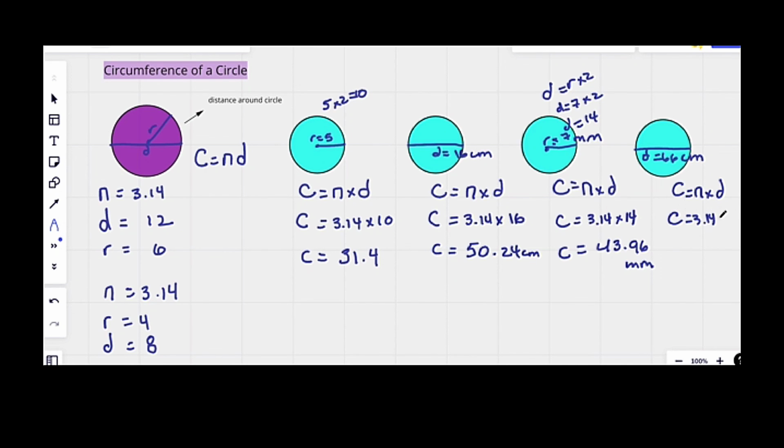And we know the diameter is 66. Okay, so we're ready to multiply. 3.14 times 66 is 207.24. And what are we going to use? We're going to use centimeters. So our answer has to say 207.24 centimeters.